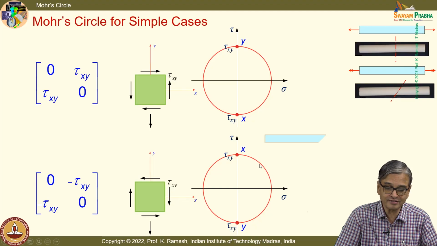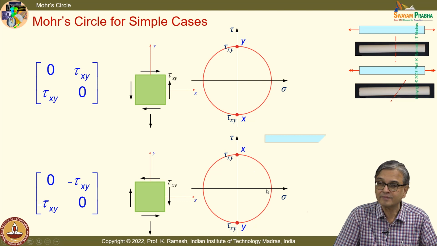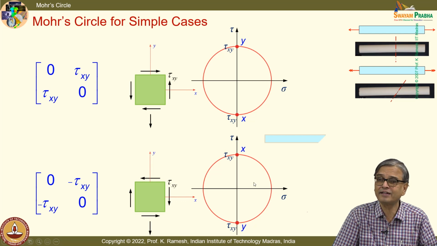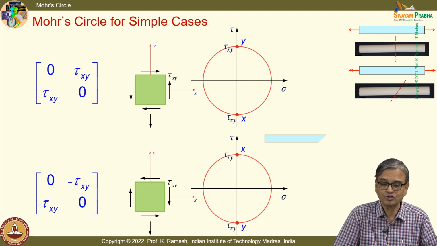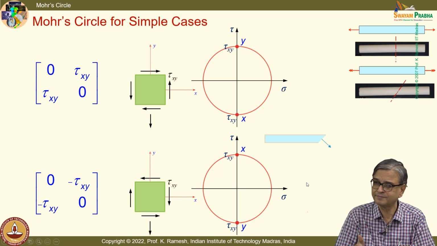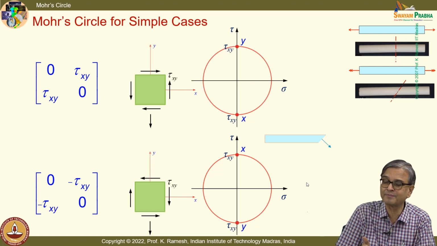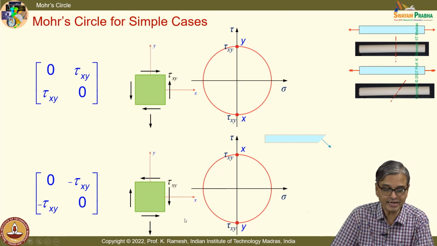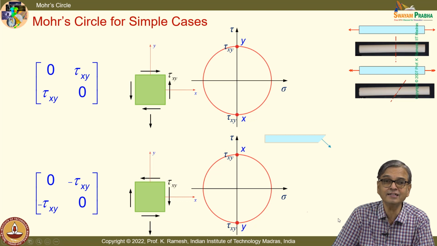So, I should use this to explain what happens on this chalk. And what I find is the normal stress is maximum on this plane which is separated by 45 degrees. The plane is determined by the outward normal. So, I rotate from the x direction clockwise, because I rotate clockwise 90 degrees in the Mohr circle. In the physical plane from the x direction I rotate by 45 degrees.